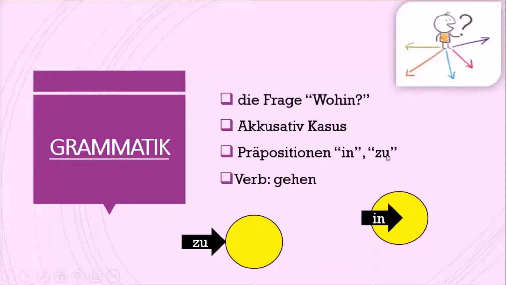Of these two prepositions, I will just be showing you how the preposition in is used to describe the motion. But you do need to understand that the German in preposition is the same as the English preposition in.